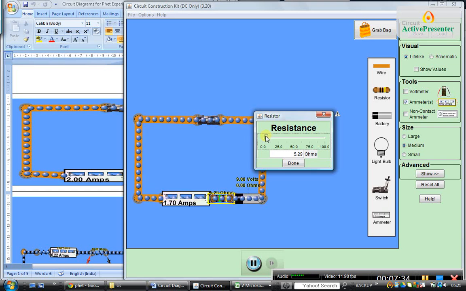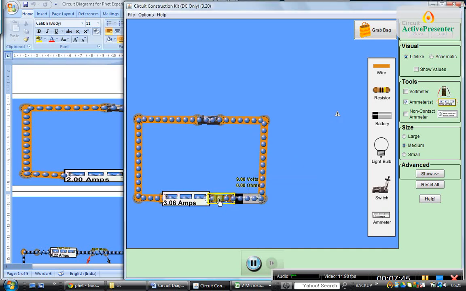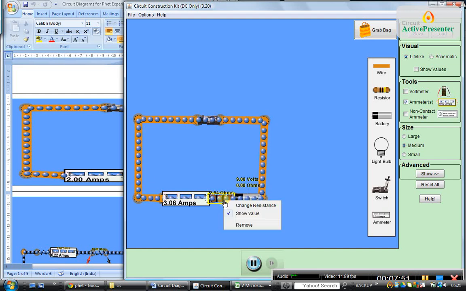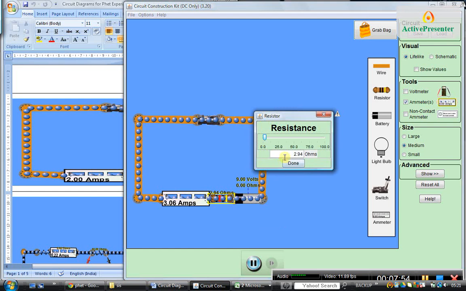Let me make it 5 point, or let me make it 4 ohms. So again make it show. Okay, it became 2.94. Change value, 4, press tab.